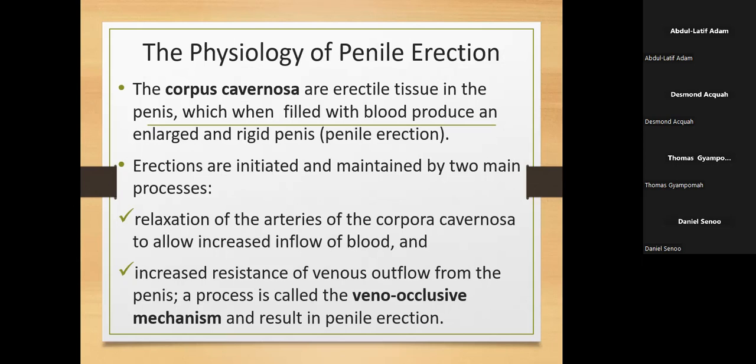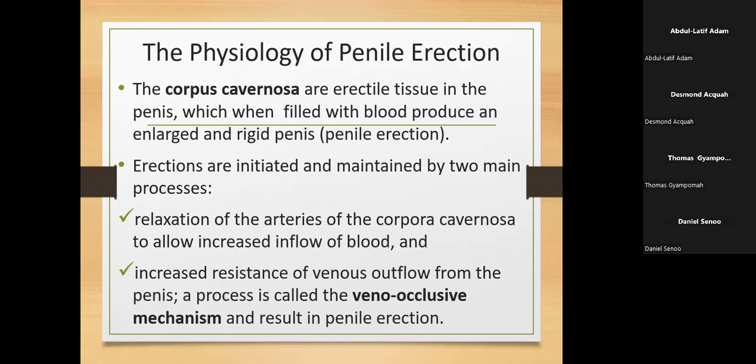All right, so this is what happens. There is an increase in the blood flow into the arteries. The arteries become bigger and large, and then they will impinge on the veins, so that the veins are almost collapsing.